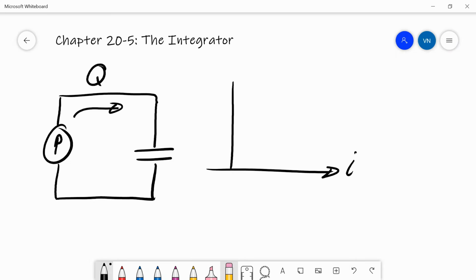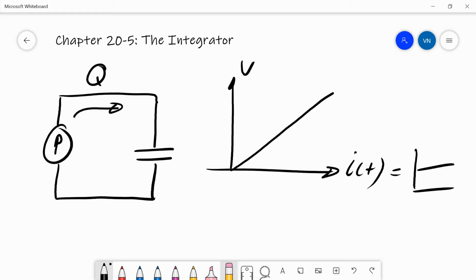So here I have current as a function of time, and if I go at a steady state of current, so the current is basically a constant value, then the voltage will rise at a constant value. And this is because the current is accumulating within the capacitor, and the capacitor voltage is basically rising like the water in the bucket.